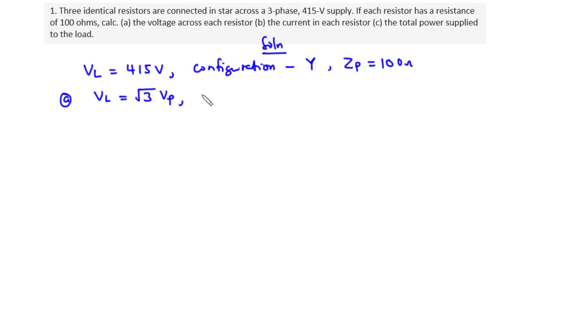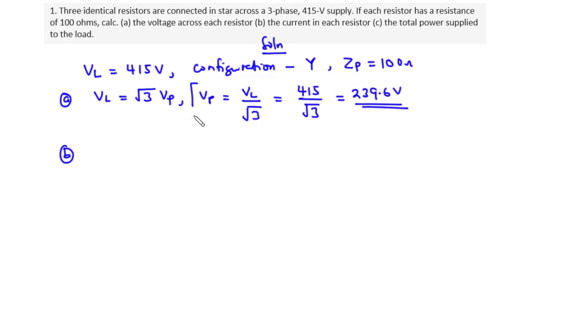Therefore, we have the phase voltage to be equal to VL over root 3. We have the value for VL to be 415, divided by root 3. And when you divide 415 by root 3, you have 239.6 volts. So this is the voltage across each resistor.